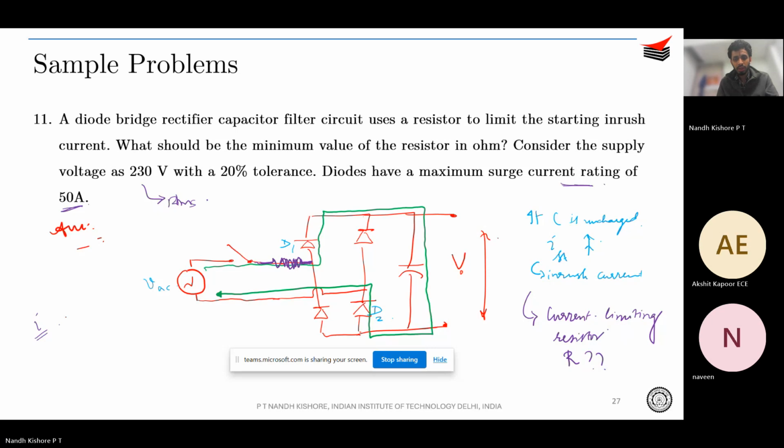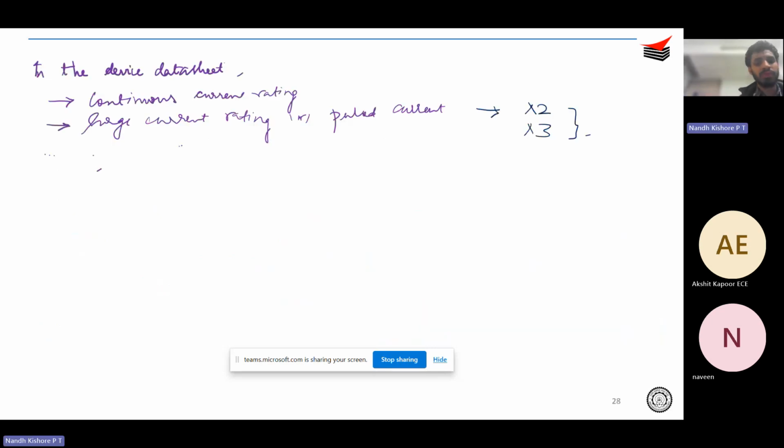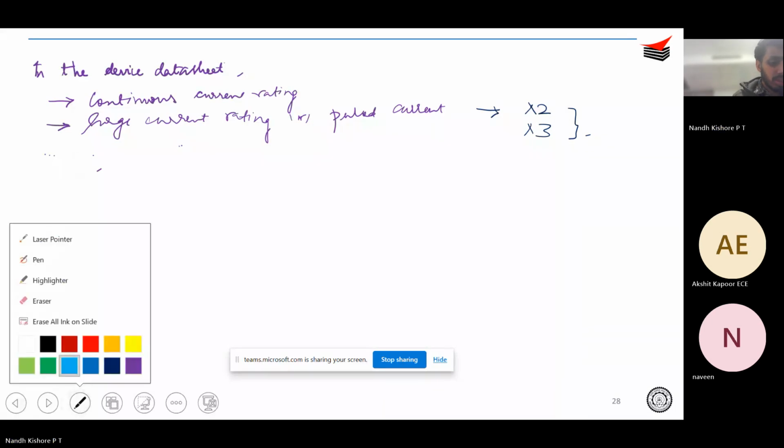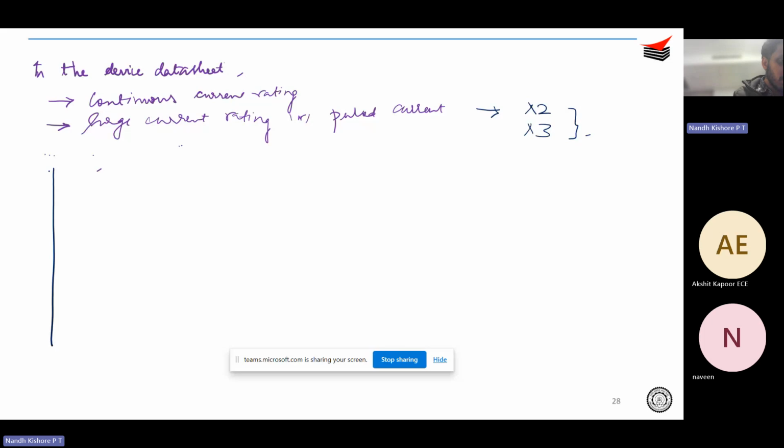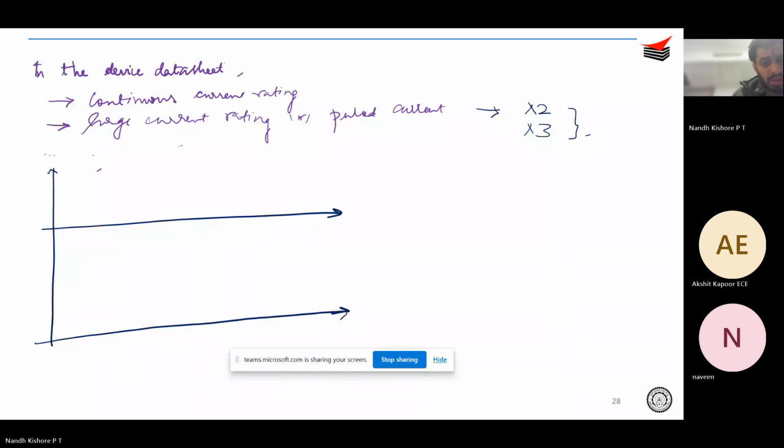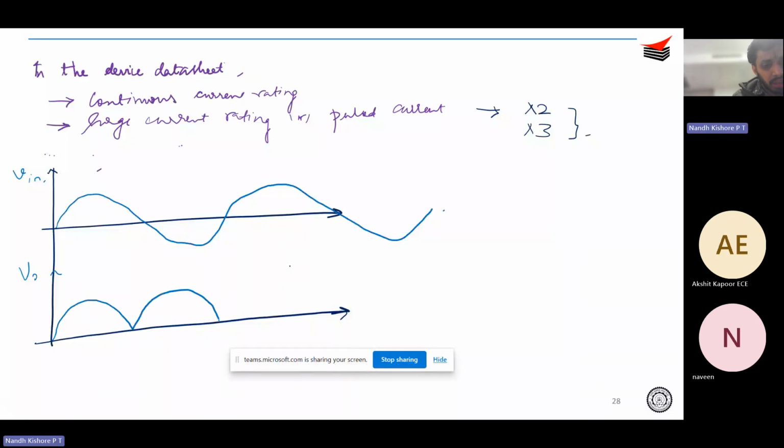Okay. So you of course know that your V in, if it is something like this, so this is your V in, your rectified V naught is going to be something like this.